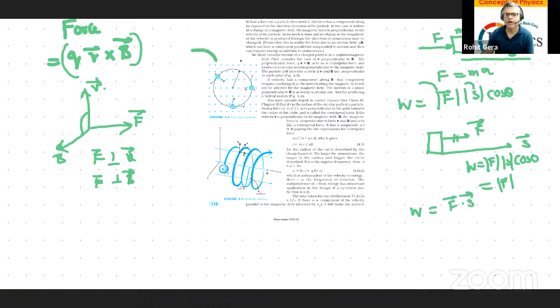Now I take that this is my mass, this is my force, and the body moves slightly by an amount s. And the angle between the force and the displacement is theta. So my work done is F S cos theta.